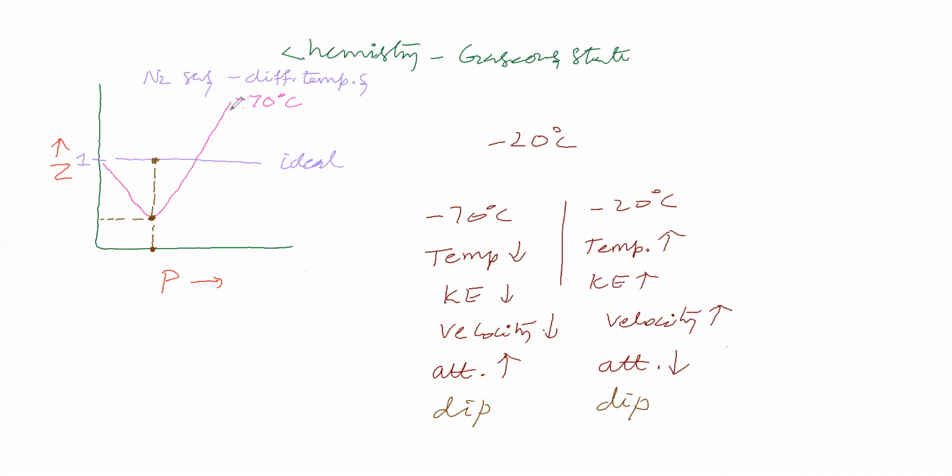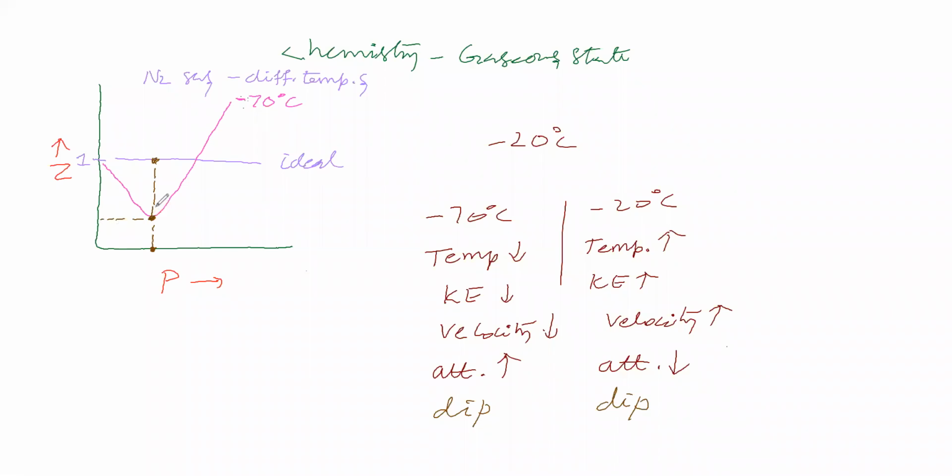Z for nitrogen gas is minimum. Where the attractive force is maximum in this graph, in the sense at this point, the magnitude of attractive force is maximum.